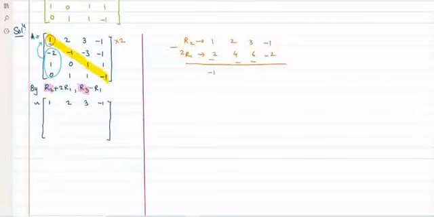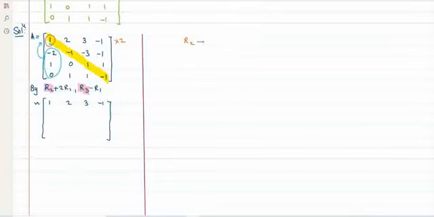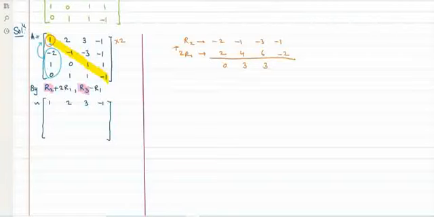Their addition: -2 plus 2, -1 plus 4, -3 plus 6, -1 minus 2. The resultant elements, I am expecting calculation from your end: 0, 3, 3, -3.